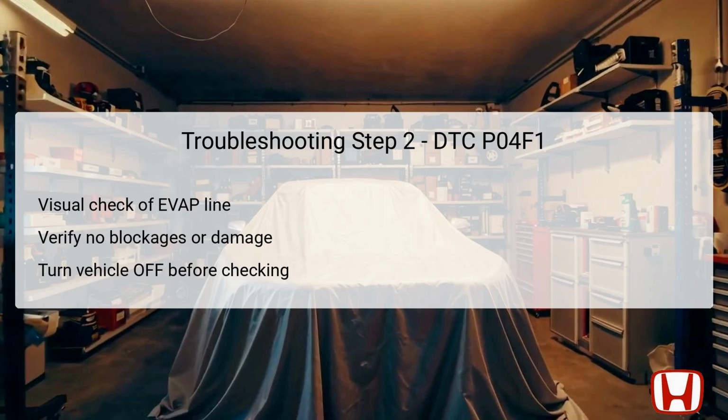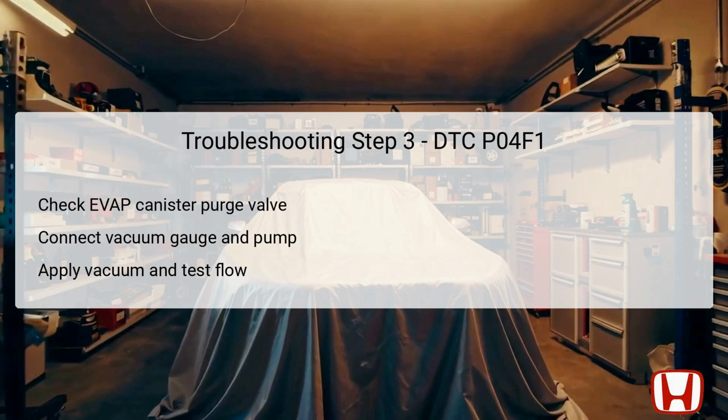Any anomalies, such as tears, kinks, or loose fittings, can severely impact the flow and performance of the EVAP system. If the line appears to be damaged or blocked, appropriate repairs or replacements should be made to restore normal function. If the line is in good condition, you can proceed to the next step to further isolate the problem.